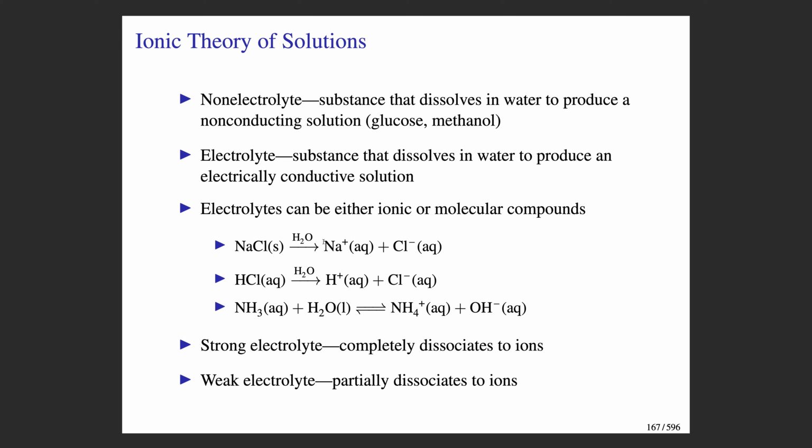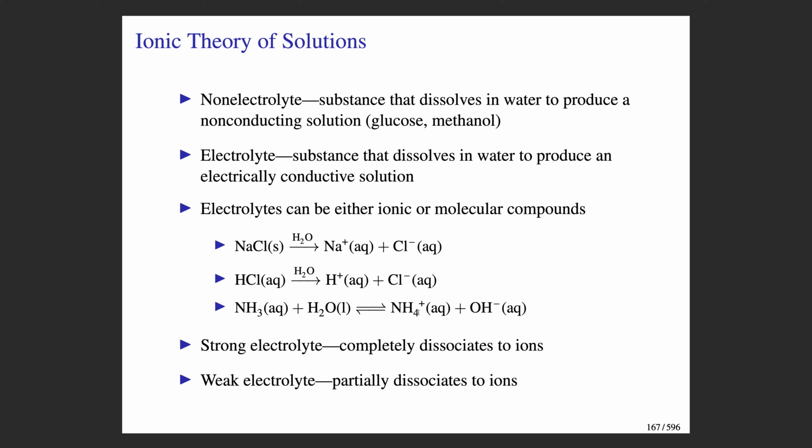You may notice that I have used one-directional arrows for these first two reactions, and I've used a bidirectional arrow for this third reaction. And that actually indicates something about these electrolytes. Strong electrolytes are ones that completely dissociate in aqueous solution, so we use a one-directional arrow. Weak electrolytes, however, only partially dissociate, and so ammonia is an example of a weak electrolyte.